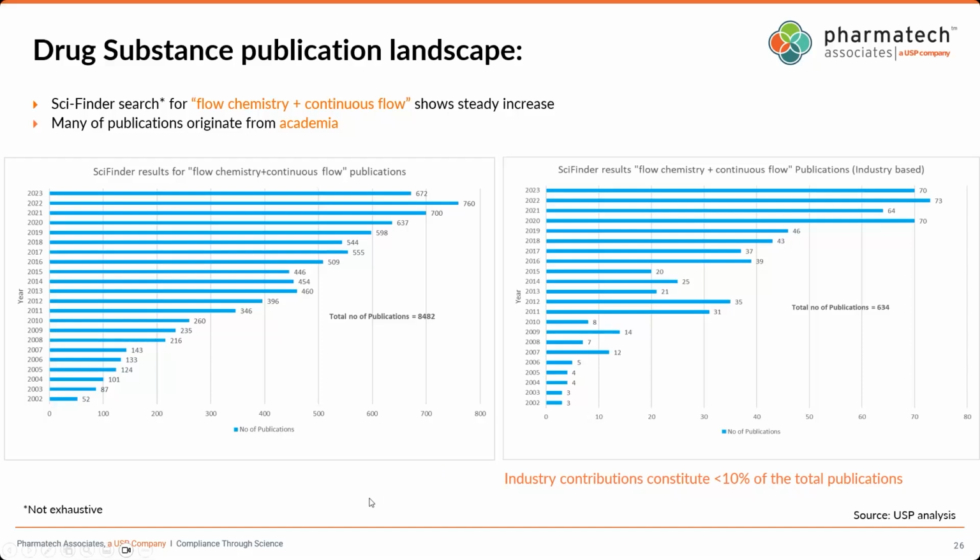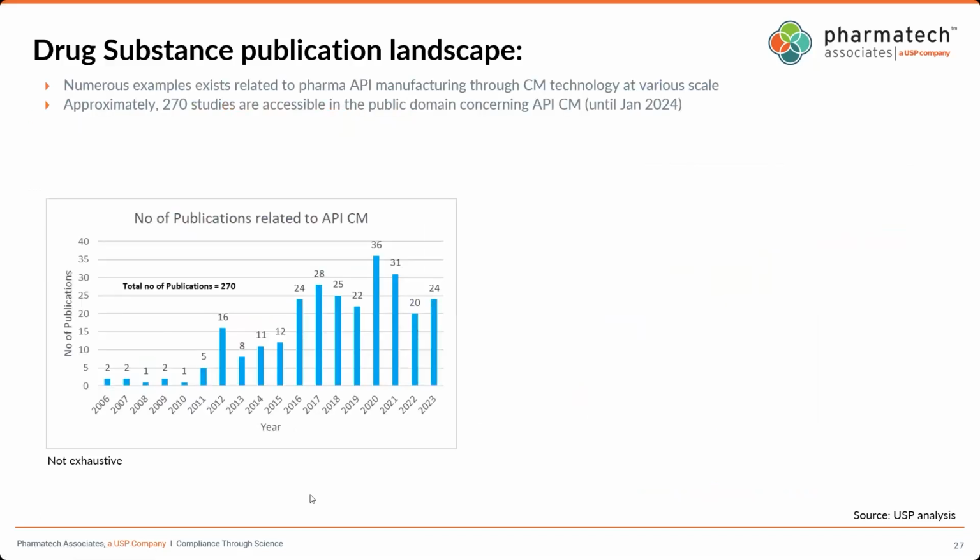I do want to mention that this is not exhaustive, but we just wanted to gain an insight of where industry and academia is going when you talk in terms of continuous manufacturing. Now, if you go into further details and try to only look at the publications that are related to the API or the drug substance, you see that there are approximately 270 studies that are accessible in the public domain concerning API continuous manufacturing.